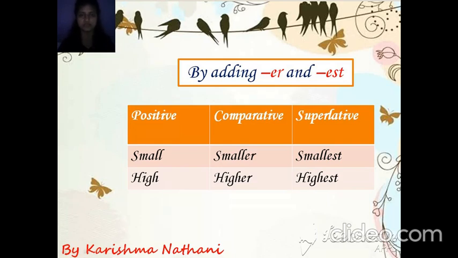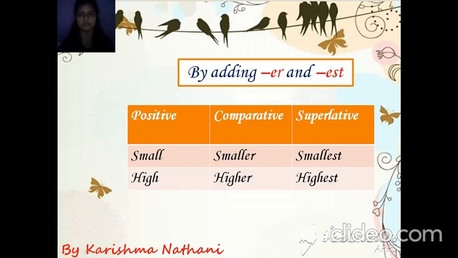Small is positive, smaller is comparative, and smallest is superlative. High is positive, higher is comparative, and highest is superlative.